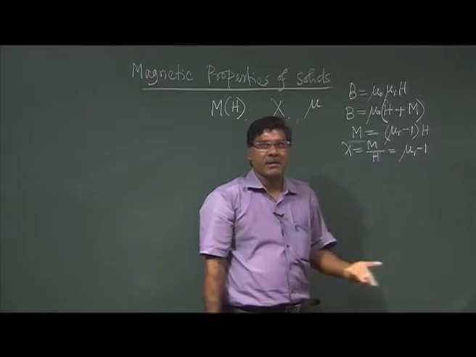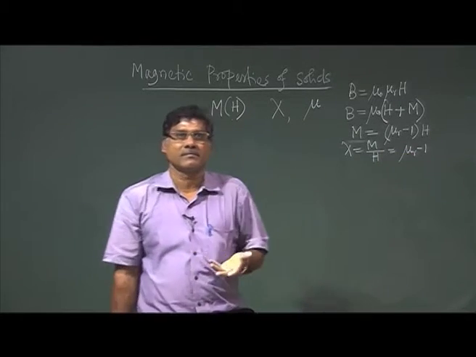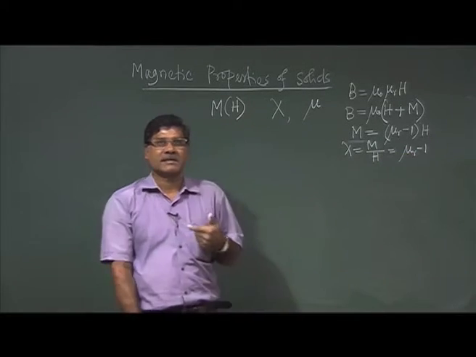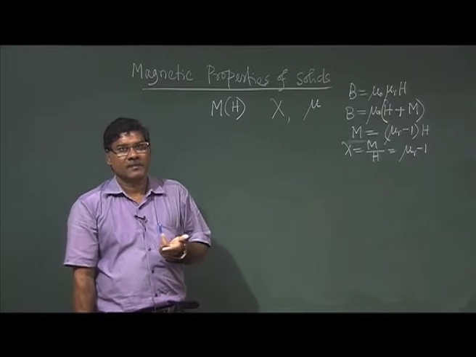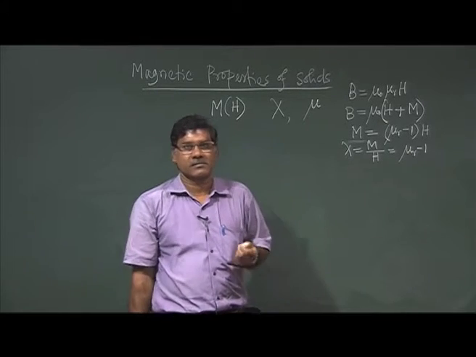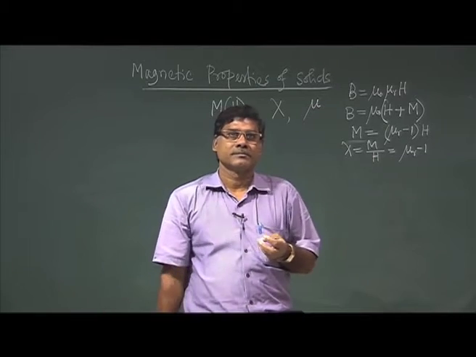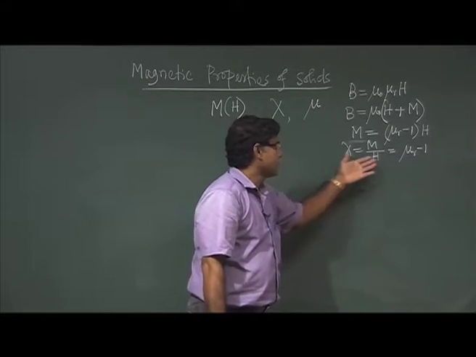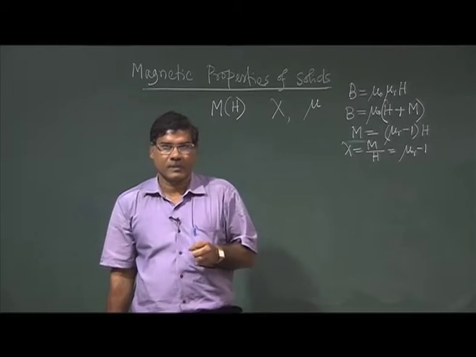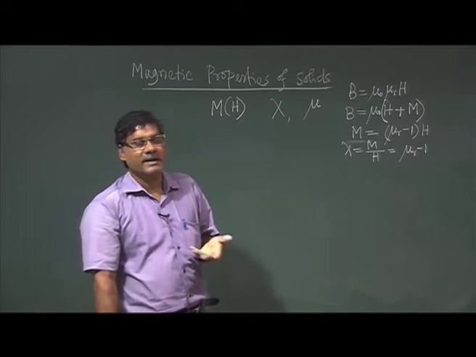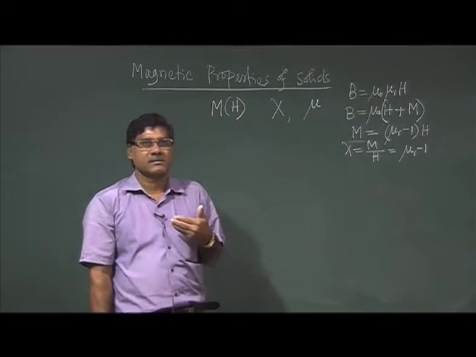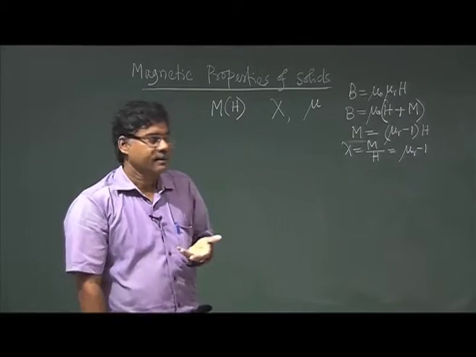So, if I get the permeability of the material, then I can see the value whether it is less than 1, then I will tell it is a diamagnetic material, or whether it is greater than 1. If it is slightly greater than 1, then I will tell it is a paramagnetic material.